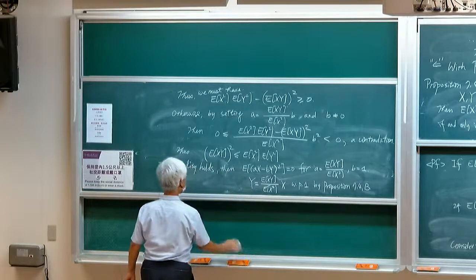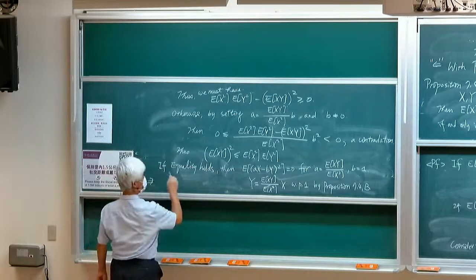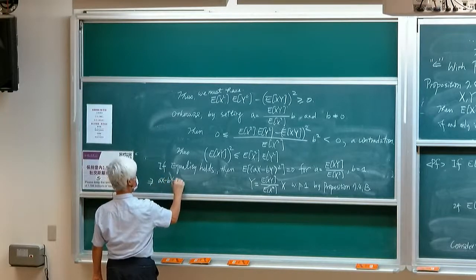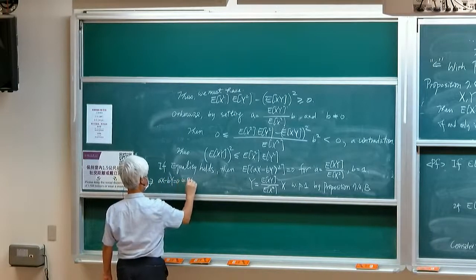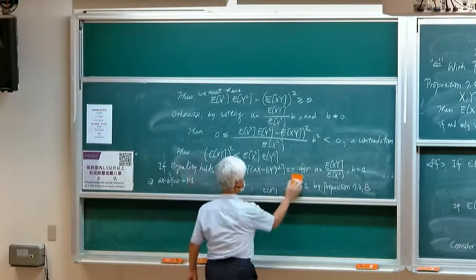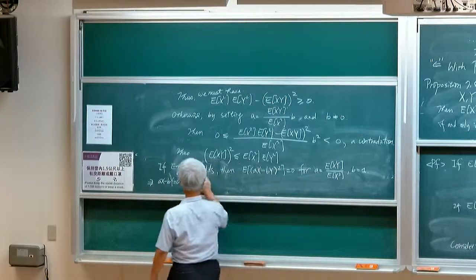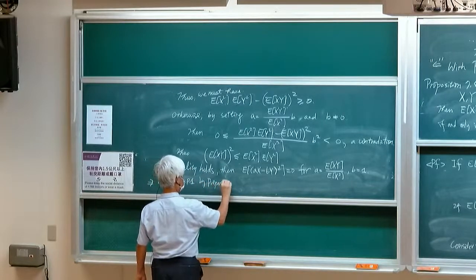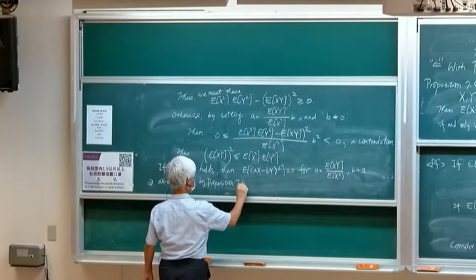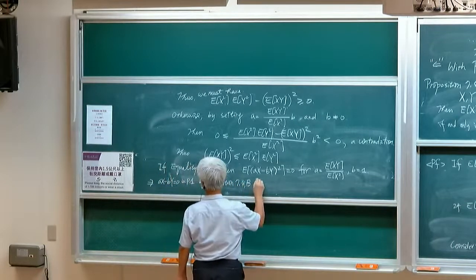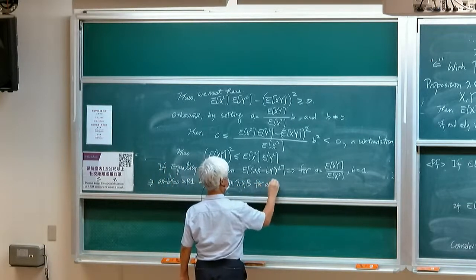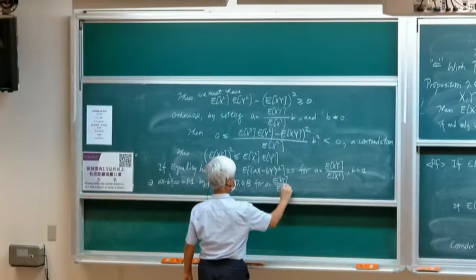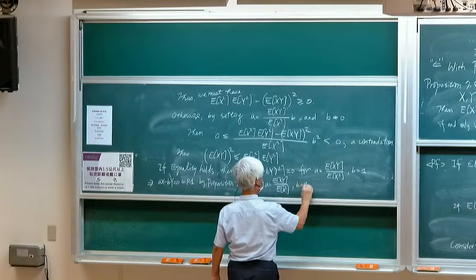Maybe one more step. The ax minus by equals 0 with probability 1 by proposition, for a equal to this and b equal to 1.